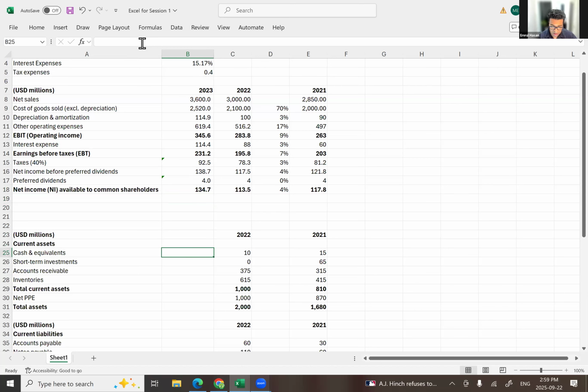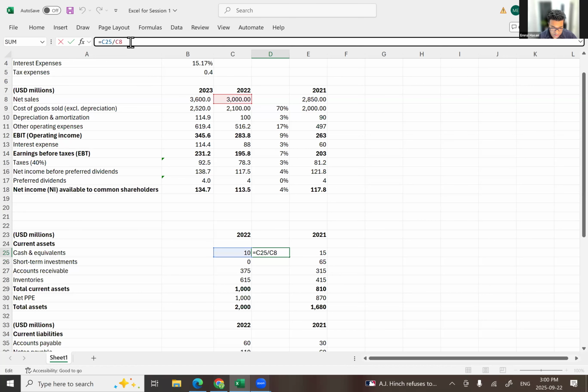Now a lot of other things are percentage of sales too. So I'm just going to find their percentages, or you can just grow them by 20%, whatever floats your boat or whatever way you want to do this. But I'd rather keep things a little clean. Okay. So this is percentage of sales of last year. And I know that C8 I need to keep constant.